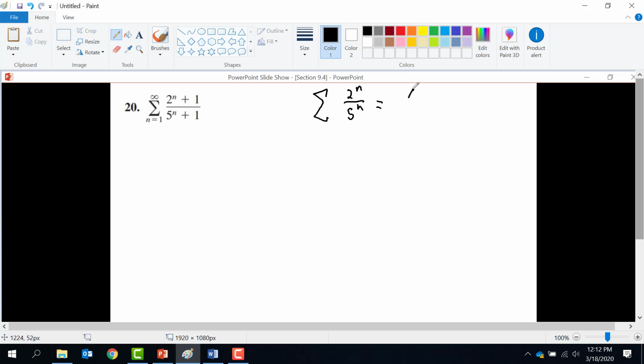Since they both have the same exponent of n, this can be rewritten as the summation of (2/5) to the n. You should now see that this is a geometric series. Your common ratio is 2/5, which is less than 1, therefore converges.